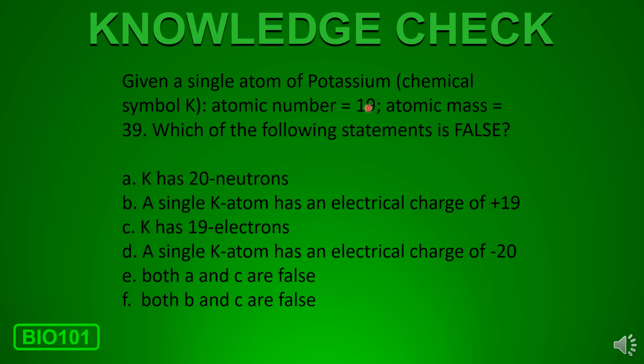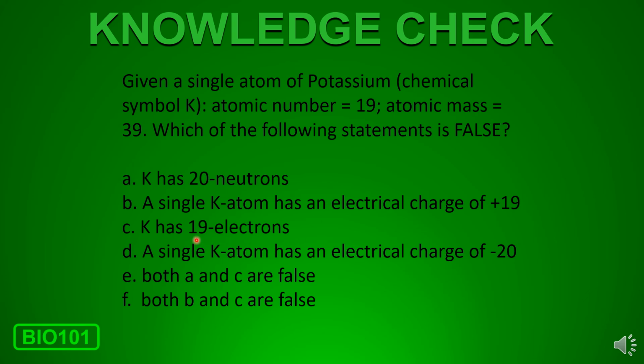So we have 19 pluses and 19 negatives, and that gives us a potassium atom with a 0 charge. That's the normal situation. So a single potassium atom, it's implied here that we're talking about the neutral situation. It has an electrical charge of 19. Well, it's a neutral atom, so it has no electrical charge at all. So B is clearly false.